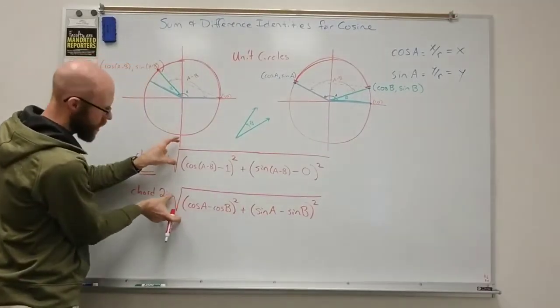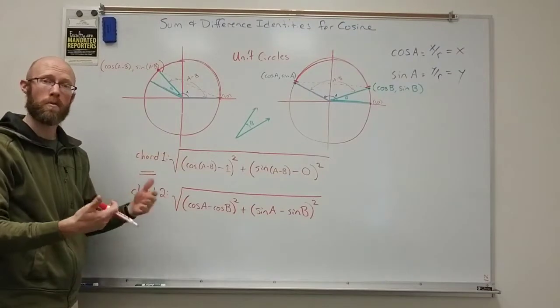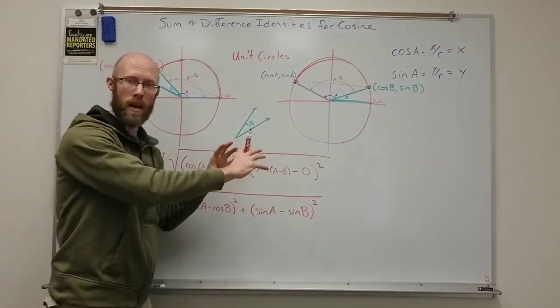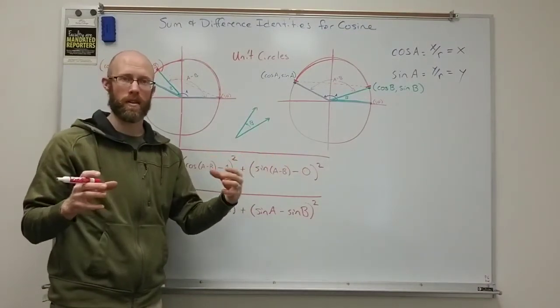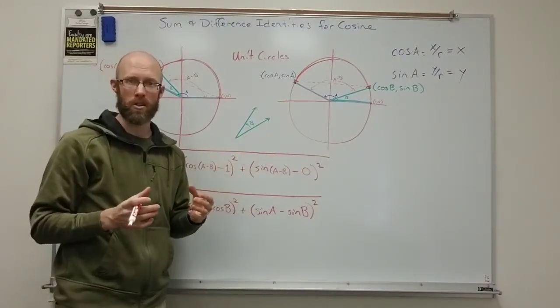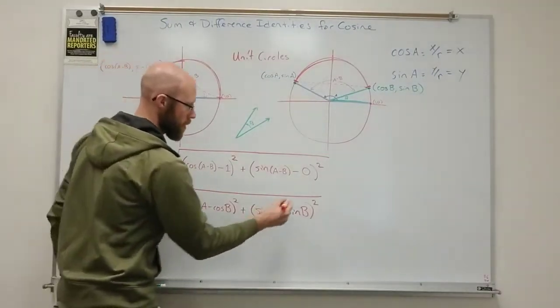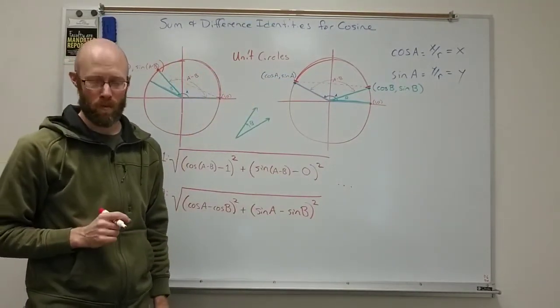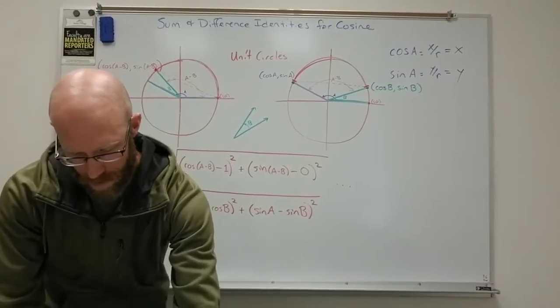You set these two roots equal to each other, then you square both sides, and then you work through the algebra, expanding the parentheses, canceling stuff that cancels, combining like terms, all that stuff. And eventually, you will get to a nice formula for the cosine of a difference.